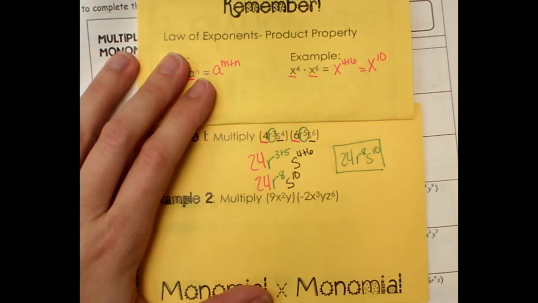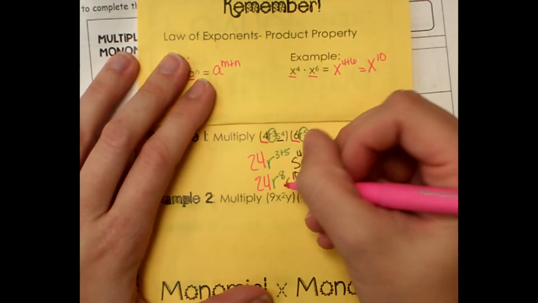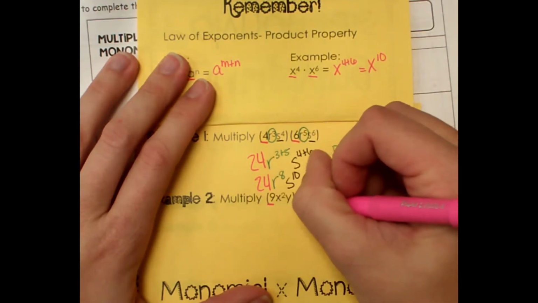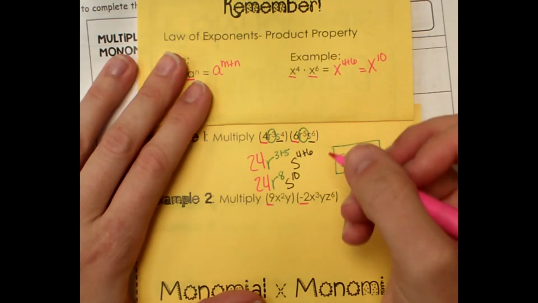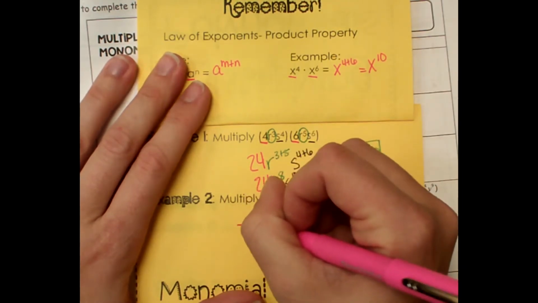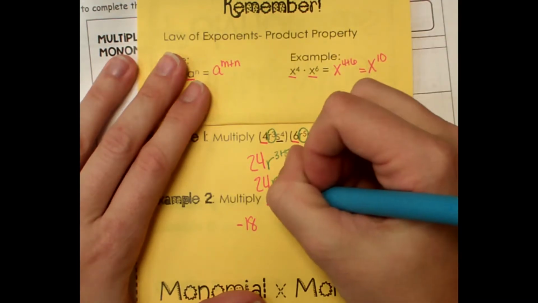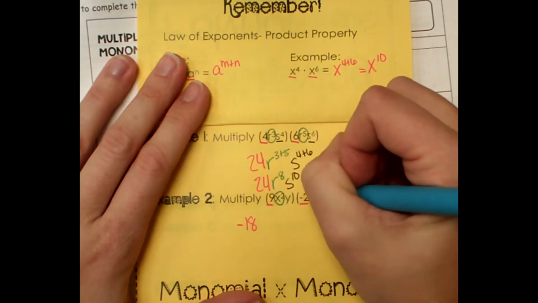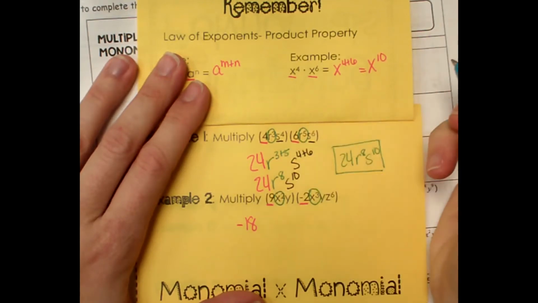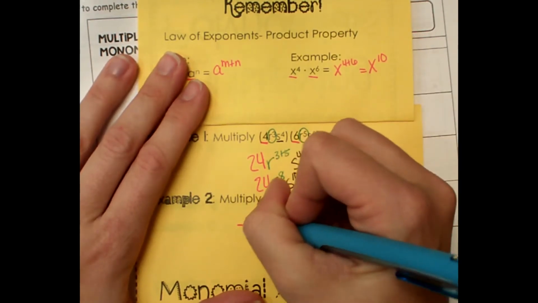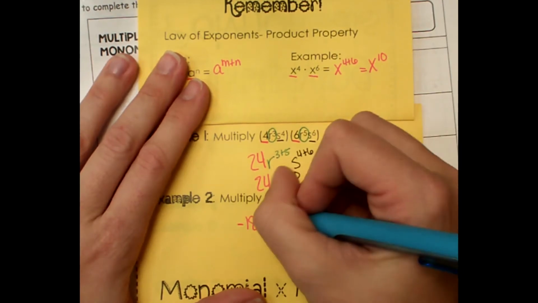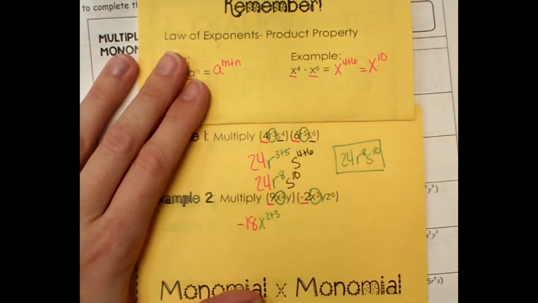Okay, let's look at example 2. So we have our coefficients out in front. 9 times negative 2, which is a negative 18. The next variable I see is that we have an x squared, and then I have an x to the 3rd. So I'm going to keep the base, and I'm going to add 2 plus 3.